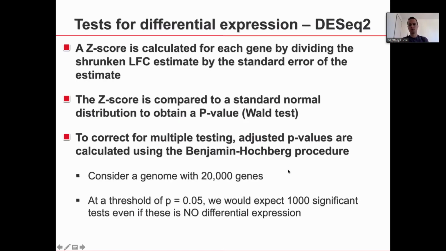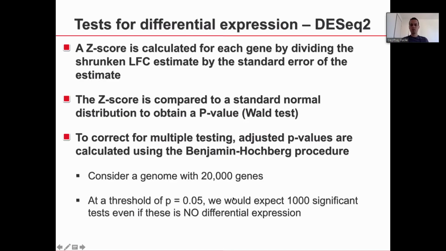And then, of course, you would want to do some kind of moderating of your p-values. So a p-value at 0.05, if we had, let's say, 20,000 genes that we detected, if we're saying that our threshold is 0.05, that means that in this scenario, we would expect 1,000 significant tests, even if there's no differential expression, right? This is the meaning of a p-value.